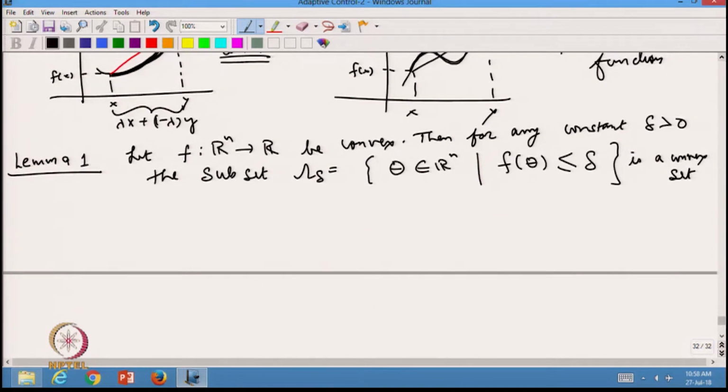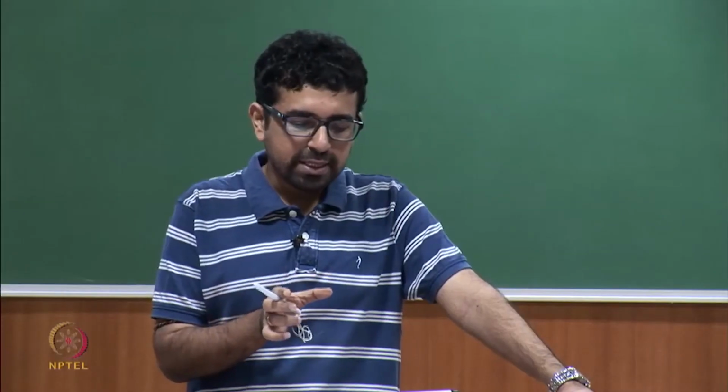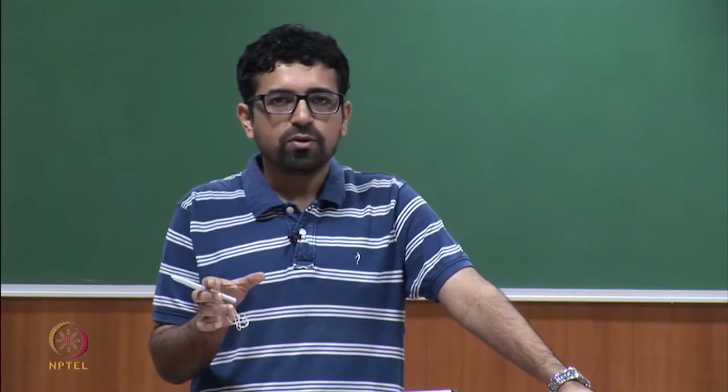So the proof is not very hard to follow. What we need to show is that this set omega delta is a convex set. Which means that if we take any 2 points within this set and we construct a line joining these 2 points, and if all the points on this line also belong to this set, then we say that this is indeed a convex set.